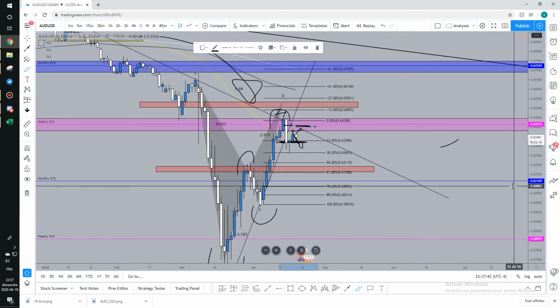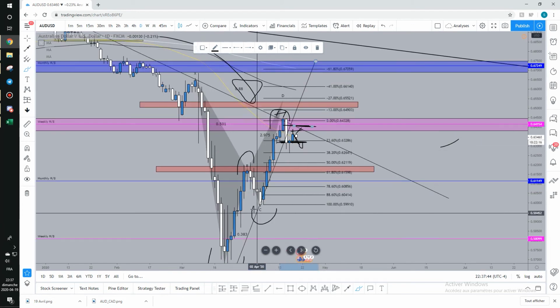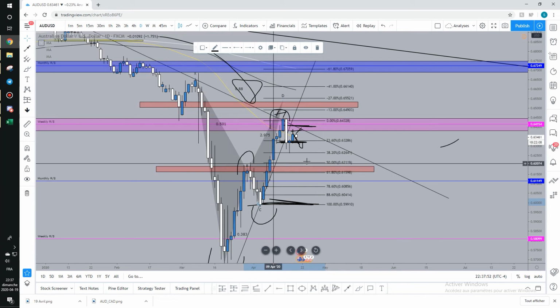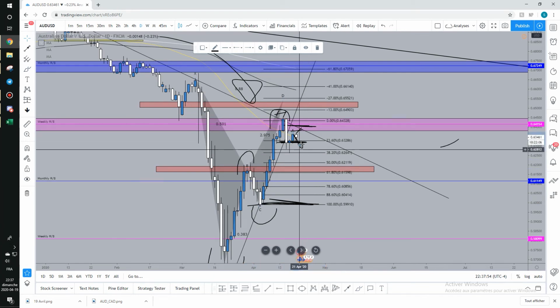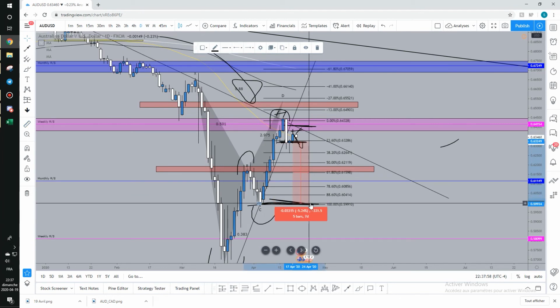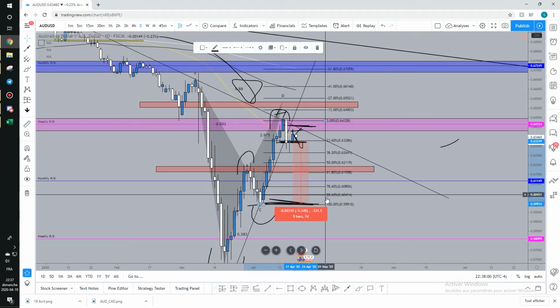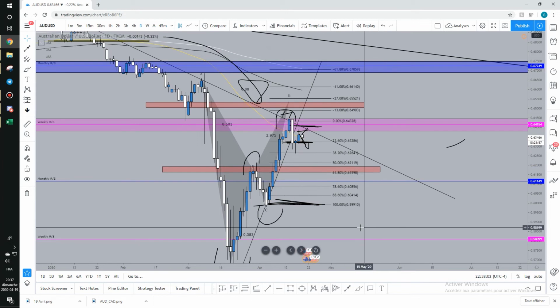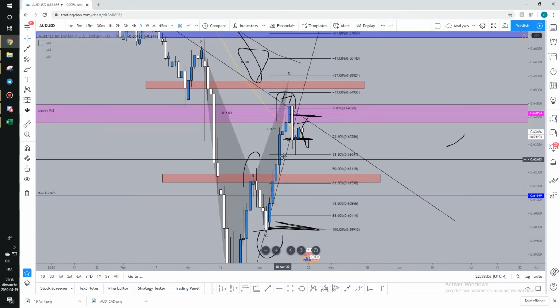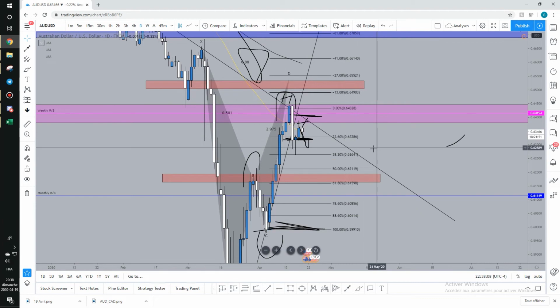If we want to wait for the safe break, it's the structure point down here. The problem is that if we wait all the way down here to take the trade for the safest one, we'll lose approximately 300 pips. So 331 pips. So personally, I don't want to let go of 300 pips because I don't want to take a more aggressive trade.